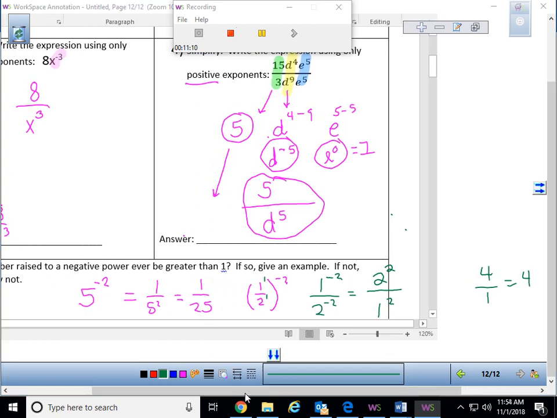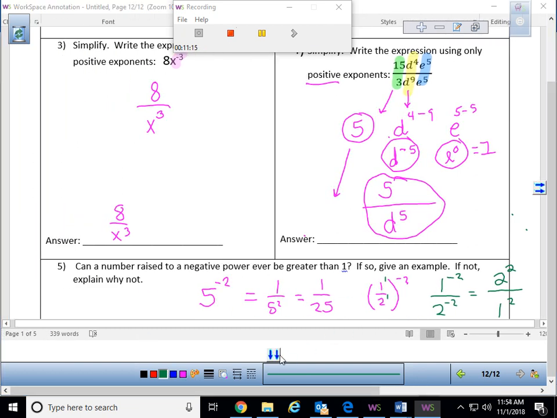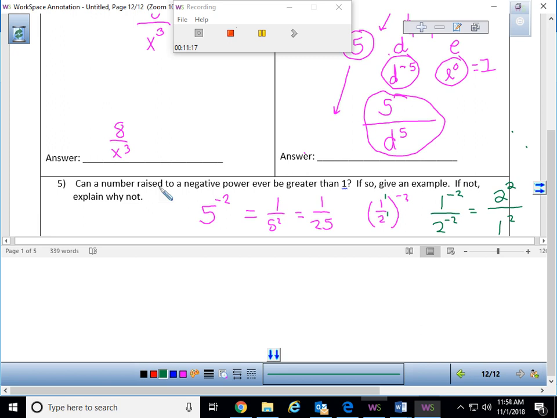So here's how I would summarize this answer, ladies and gentlemen. I would say, can a number raised to a negative power ever be greater than 1? I would say yes, if the base is less than 1.